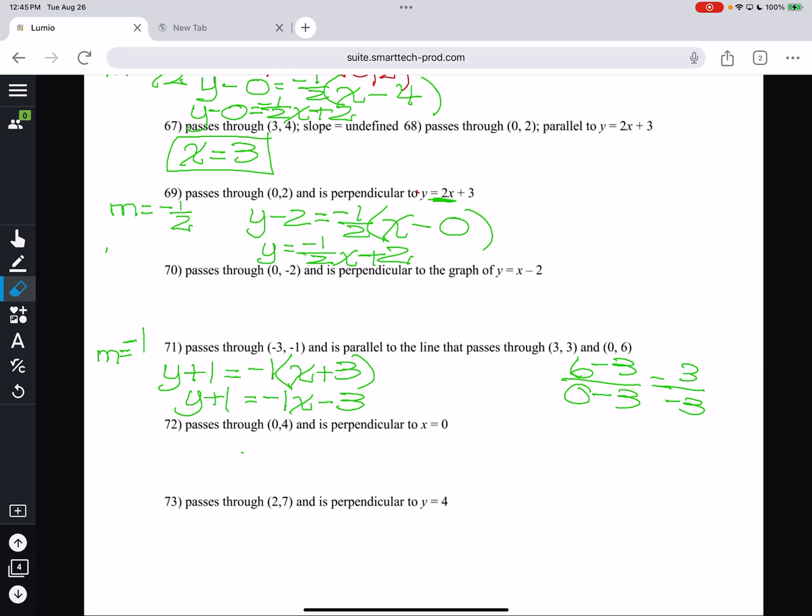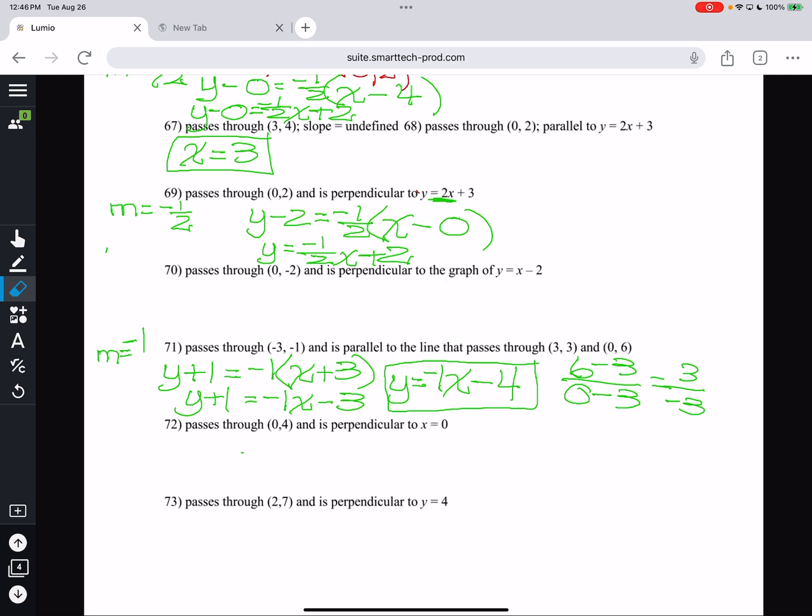Not plus 4, minus 4. So y equals negative 1x minus 4. Are you good thus far? Okay.